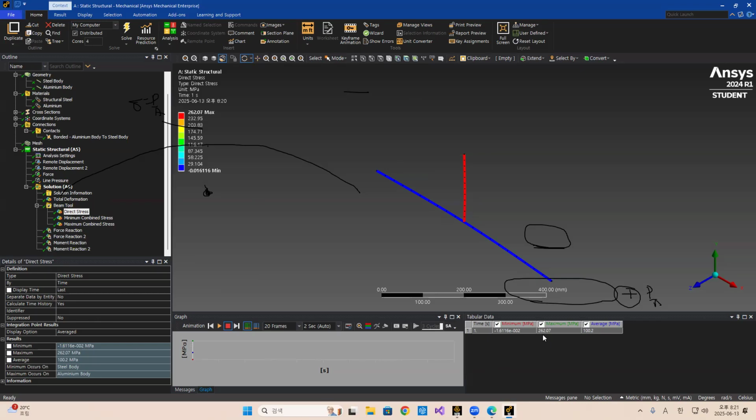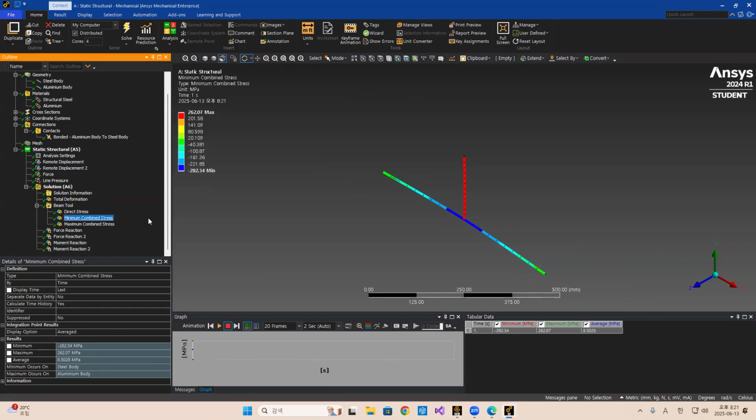Okay, so yes, we are getting the correct result, right? 262 is the minimum combined stress, minus 282, that is compression stress, and tensile stress is 306.